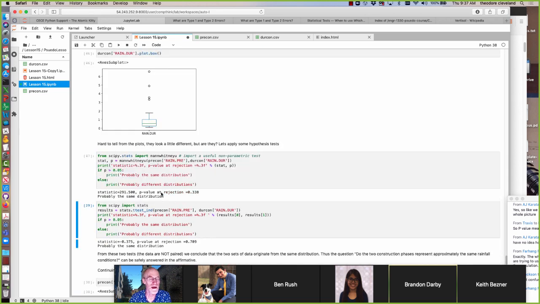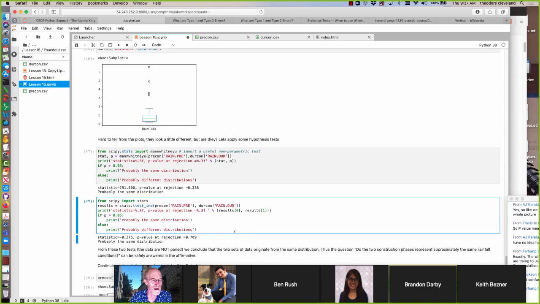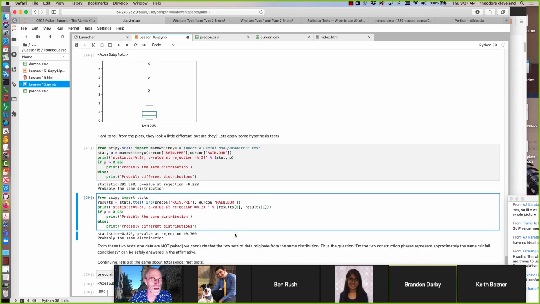We do that, and we conclude that it's probably the same distribution at the 5% rejection level. How we interpret that is we have no evidence in these samples that the mean rainfall behavior varied between the two study periods, pre-construction and during. If we don't trust the Mann-Whitney, we can try a t-test.